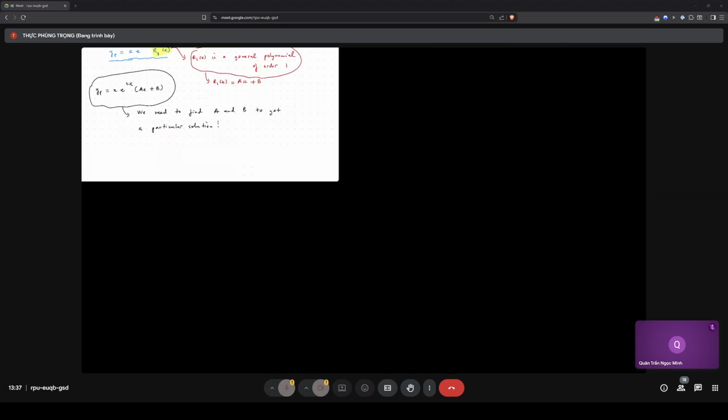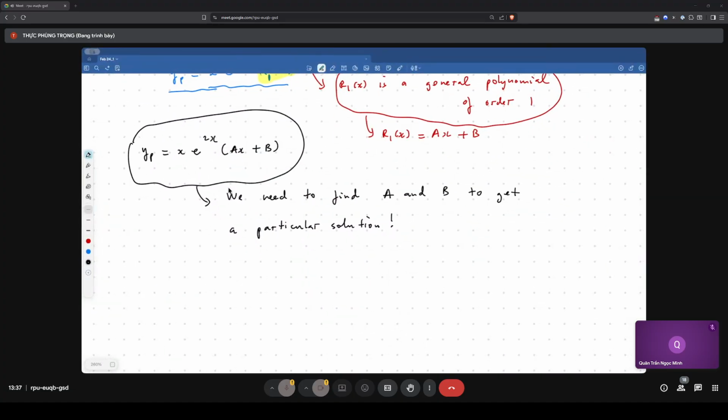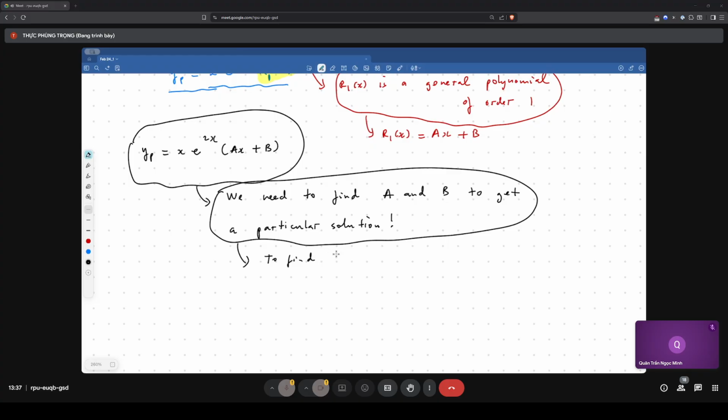How to find a and b is very simple. To find a and b, we put Y_p into, of course, the equation we have, the one right here.